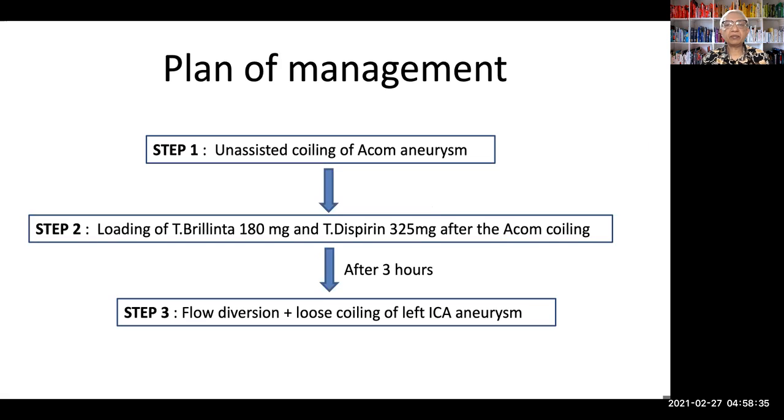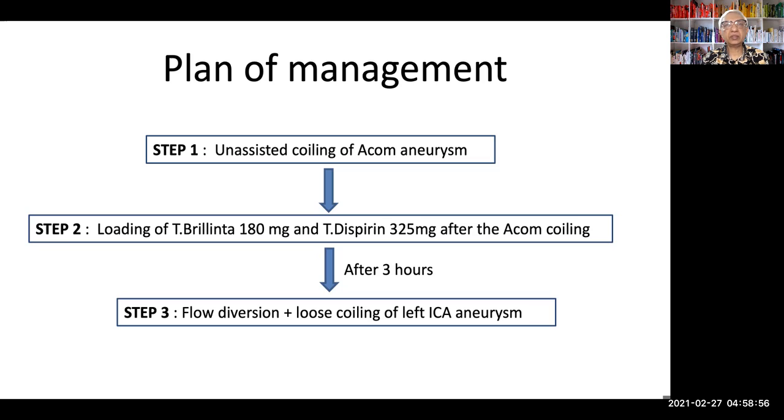So what is our plan of management? Normally, when we decide to put a flow diverter or a stent in a patient who has ruptured, we would load them with a combination of ticagrelor and aspirin 2 hours prior to the procedure.